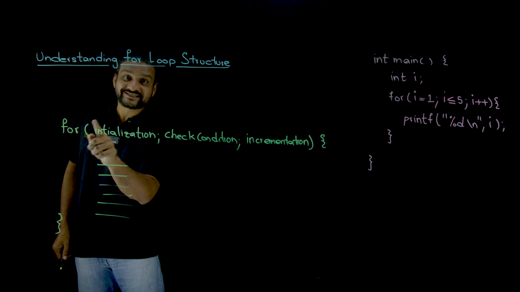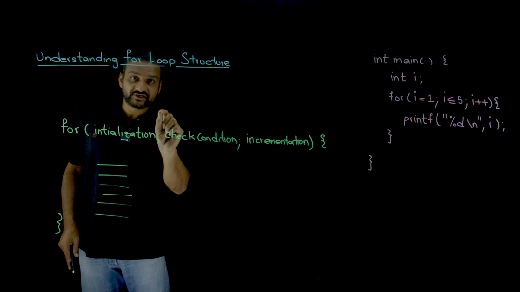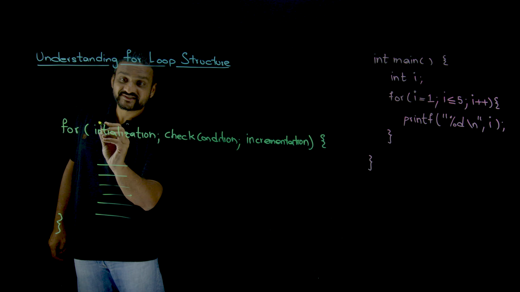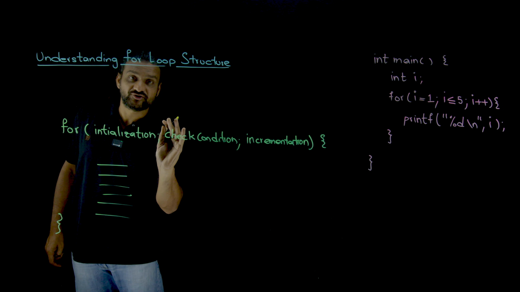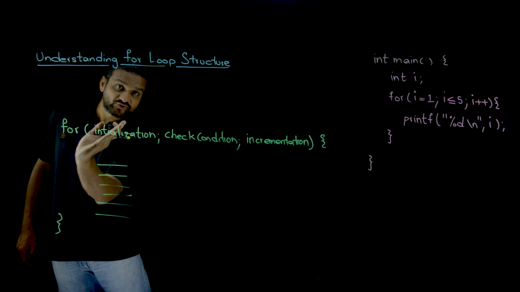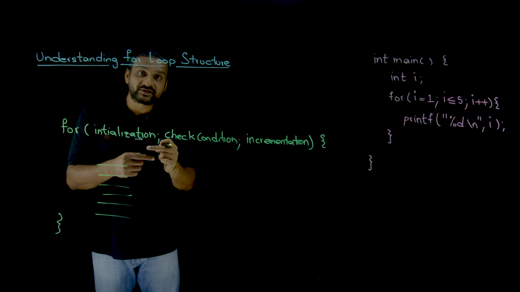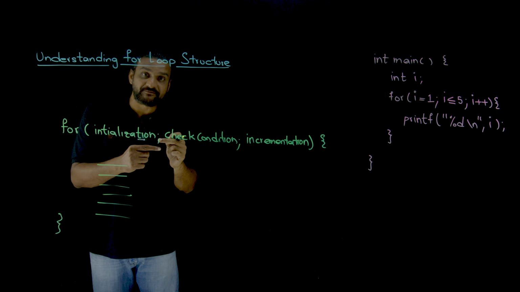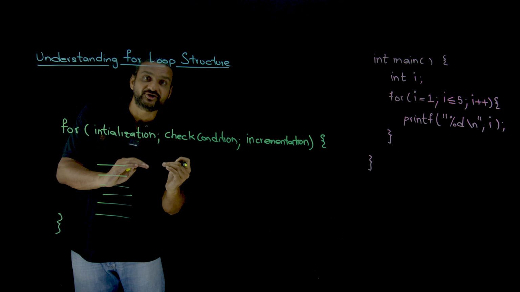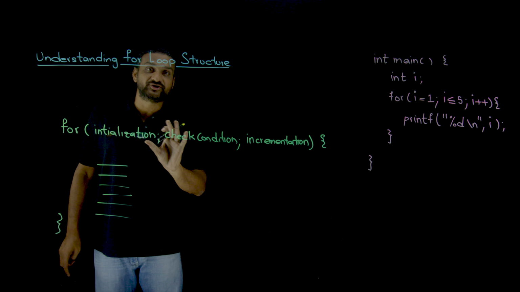Whenever the for loop is getting executed for the first time, then only this initialization step will get executed. After that, however many times we enter into this for loop, however many times we repeat the code that needs to be repeated, this initialization part will not get executed.